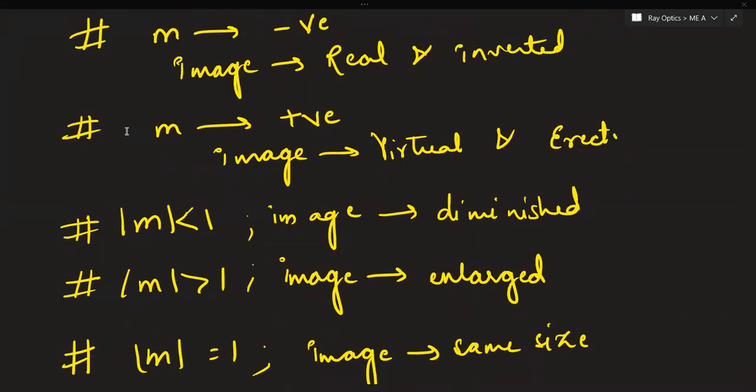Now see class, same way the way we had magnifications, conclusions. Using magnification, we could calculate whether the image is real inverted or virtual erect. Magnification size can also be predicted. If magnification's magnitude is greater than 1, then your image will be enlarged.